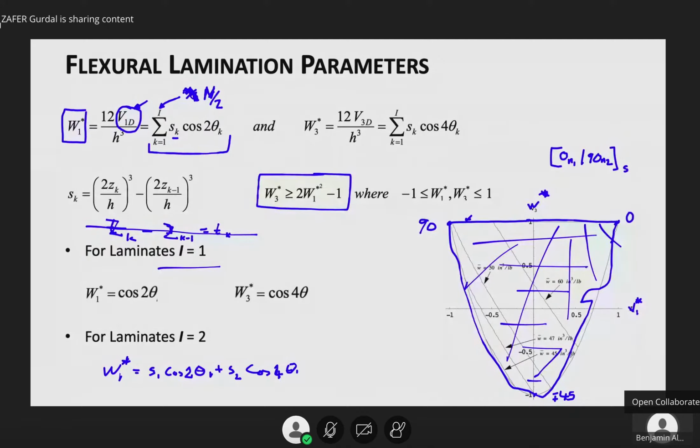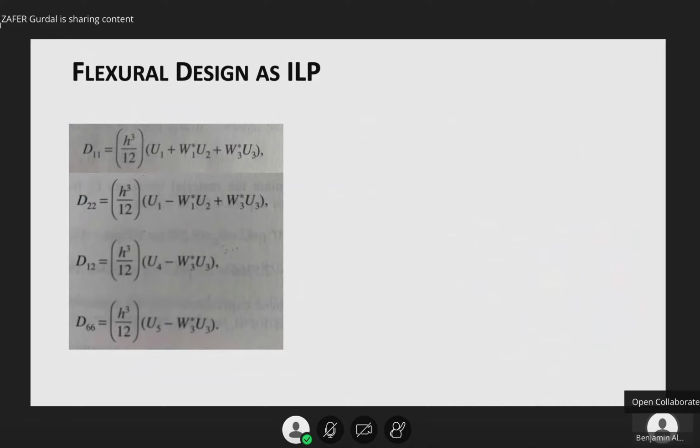So if you actually go and put these things into the D expressions, you get D11 turns out to be linear in W1 star and W3 star, provided that thickness is fixed. This is not a thickness design problem, just the orientation angle design problem in that case. And the U, of course, are material invariants. Those are the constant material properties in there. So is D22, D12, and D66.